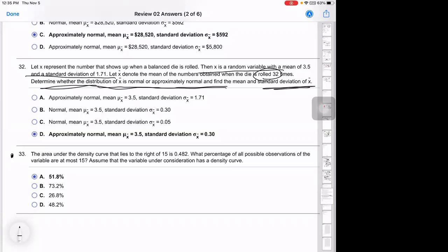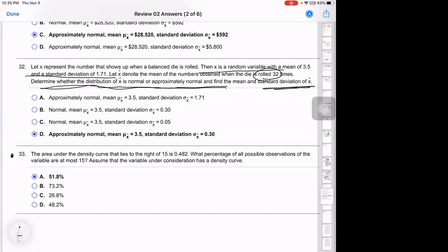So there are a few things I should tell you. If they haven't mentioned the population is normally distributed, you cannot simply consider your sample X bar to be normally distributed. There are only two cases.